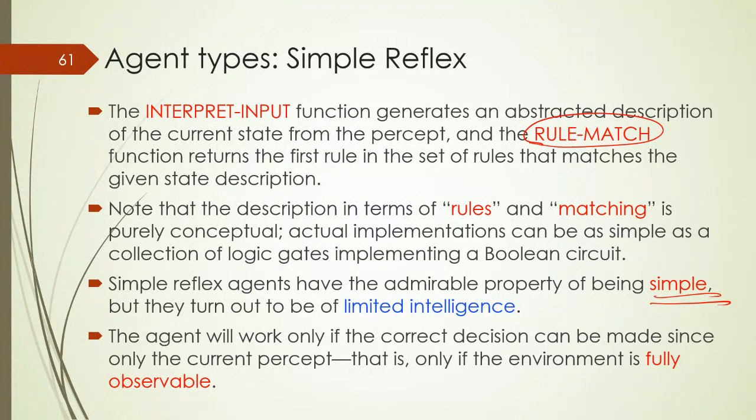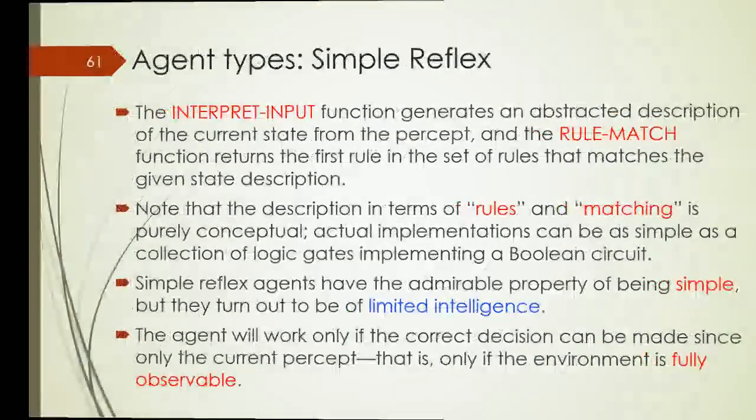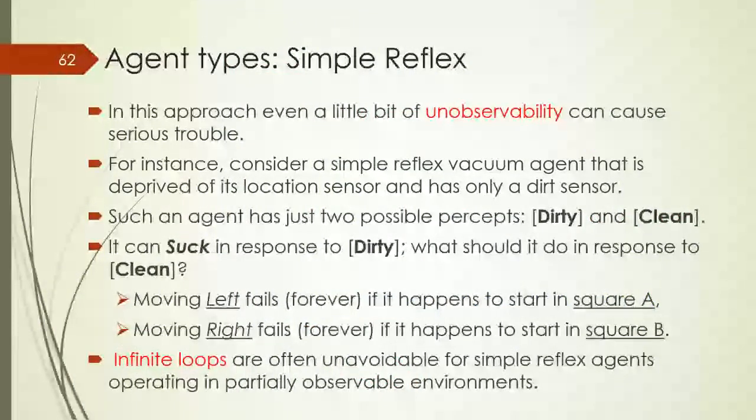but they turn out to be of limited intelligence. The agent will work only if the correct decision can be made based on only the current percept, that is, only if the environment is fully observable. If the environment is not fully observable, it might be difficult to make the decision. In this approach, even a little bit of unobservability can cause serious trouble.